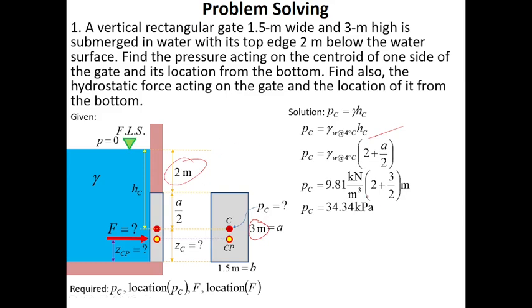Kilonewton per cubic meter times meter is kilopascal. You can be specific: the pressure at C is 34.34 kilopascal gauge. Either is acceptable.